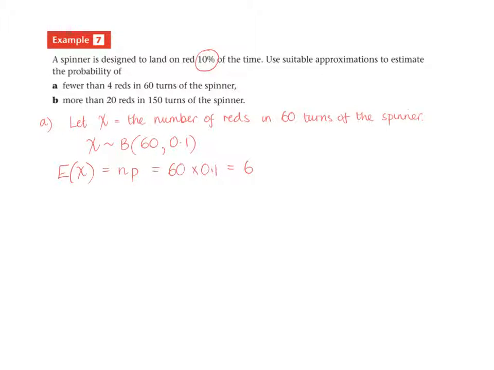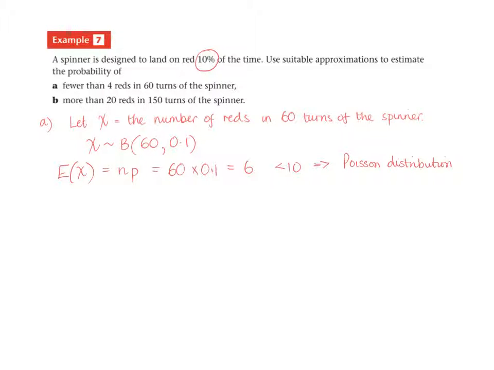Now from our paragraph from before, it says if the mean is more than 10, then the normal approximation is usually suitable. So this is less than 10. So that tells me that I should be using the Poisson distribution.